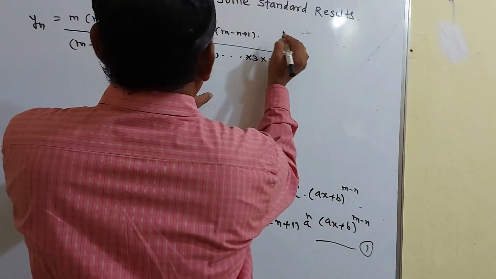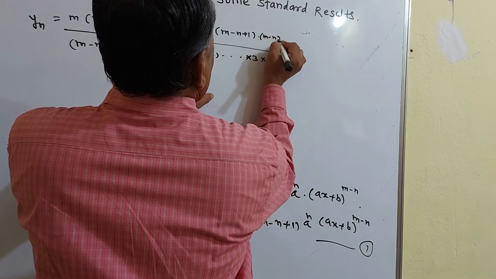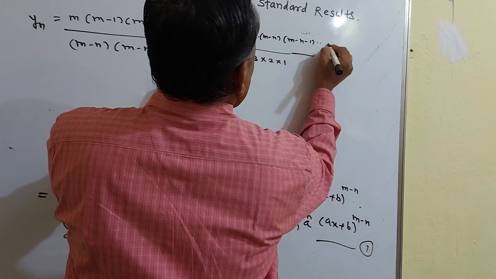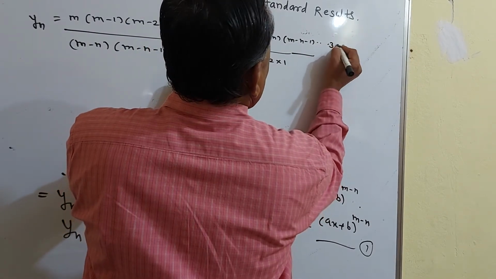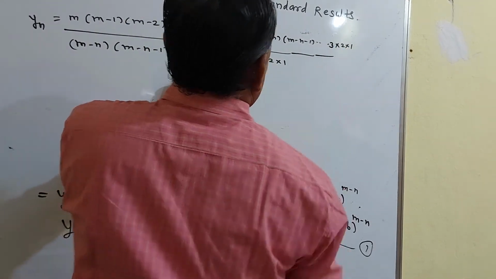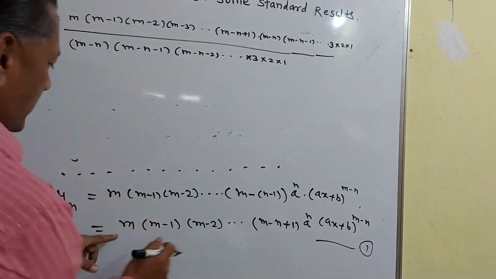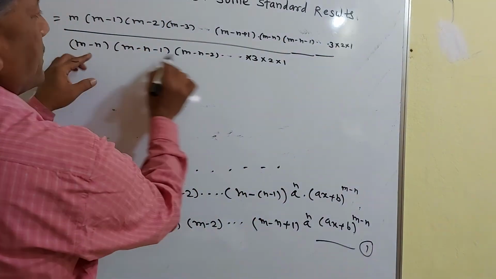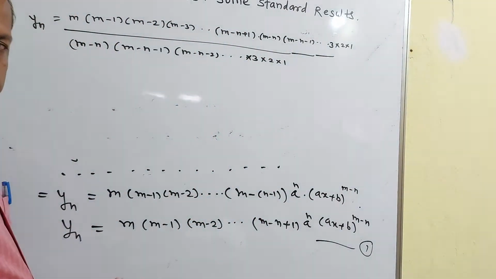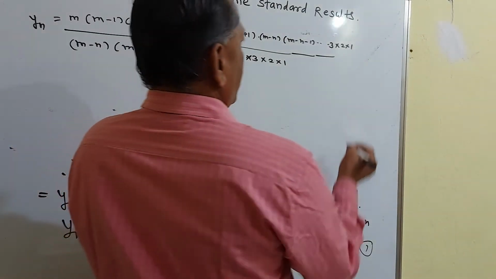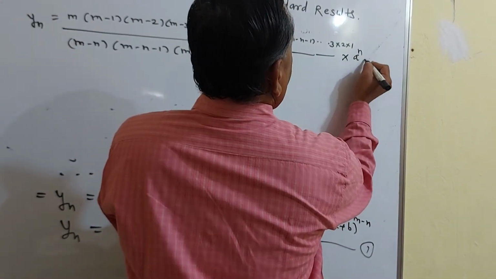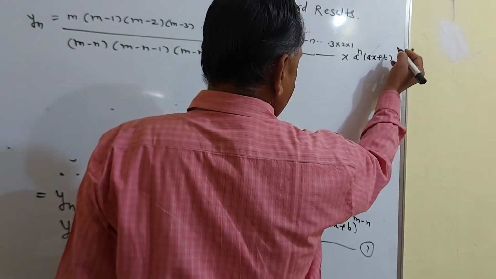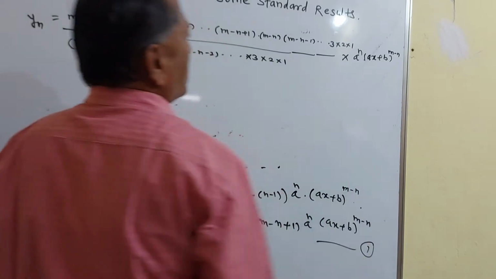So here again you divide m minus n, m minus n minus 1 up to m minus n minus 2, 3 into 2 into 1. Now in this expression, m minus n plus 1, 2, 3 into 2 into 1. So you divide and multiply. So here into a raised to n into ax plus b raised to m minus n as it is.